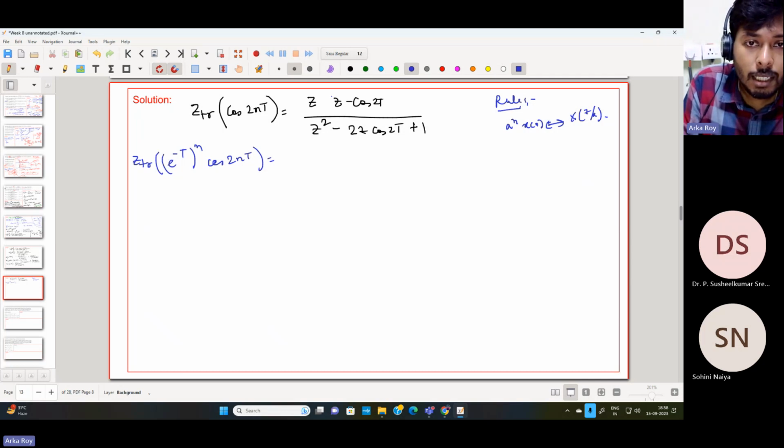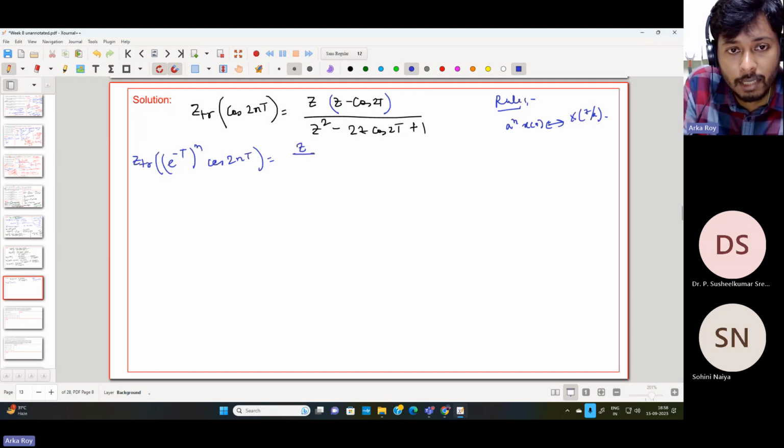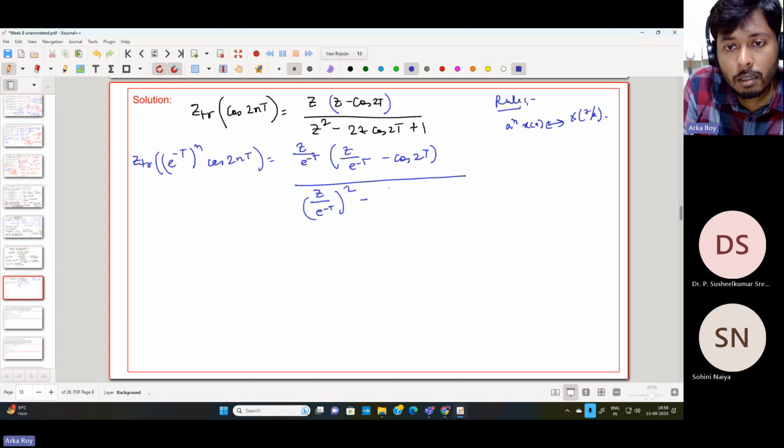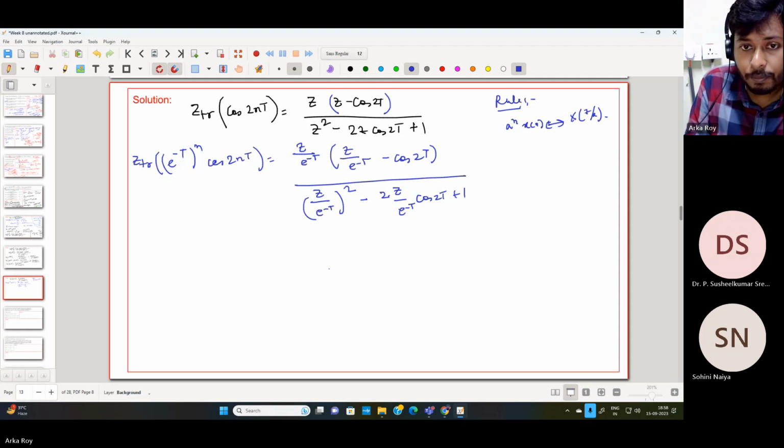So in place of z, I will be writing z upon a, everywhere. So everywhere I will be writing z divided by e to the power minus t, and then cos 2t divided by z upon e to the power minus t whole square minus 2 into z by e to the power minus t cos 2t plus 1.